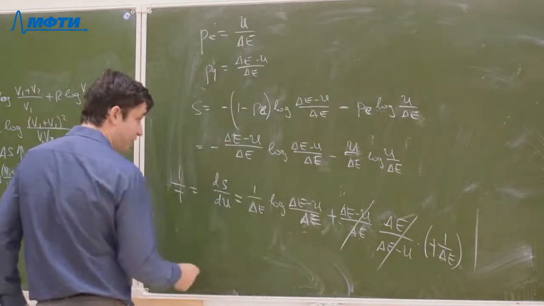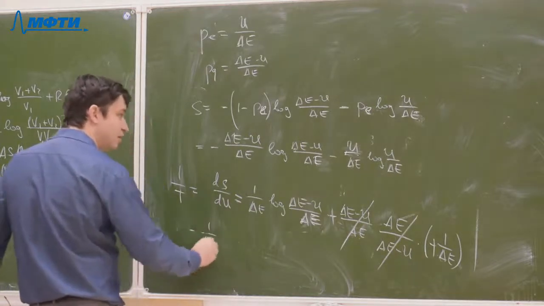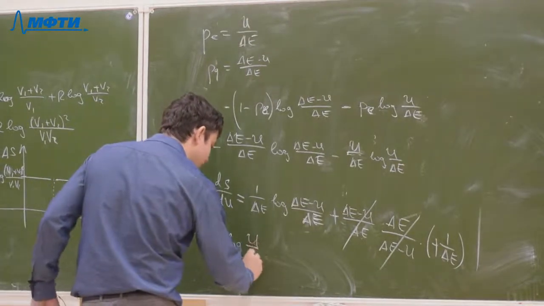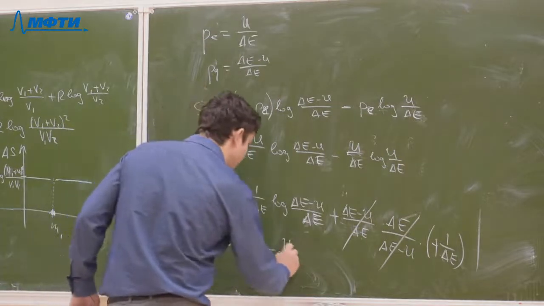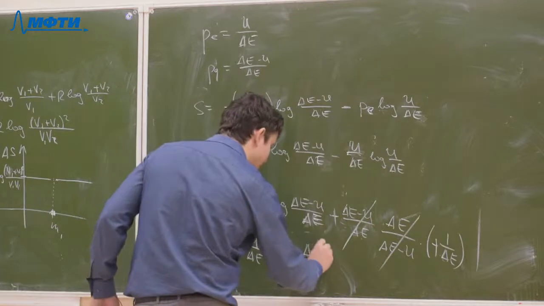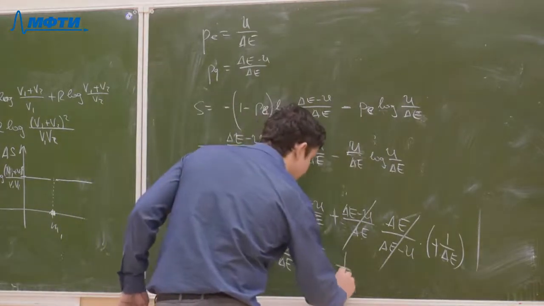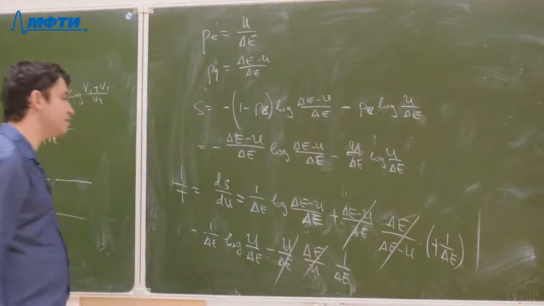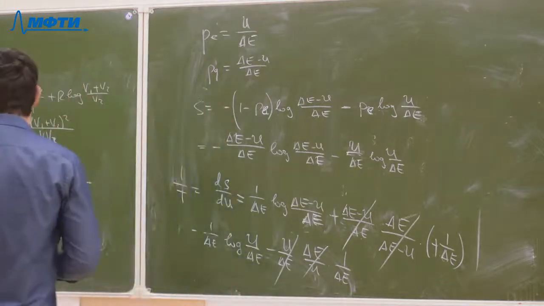And for the second part, we have minus 1 over delta E natural log of U over delta E, and minus (U over delta E) multiplied by delta E over U multiplied by 1 over delta E. Okay, let's add this expression, and it gives me the following.